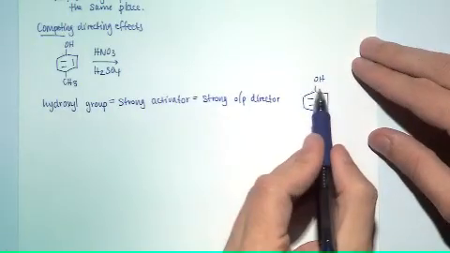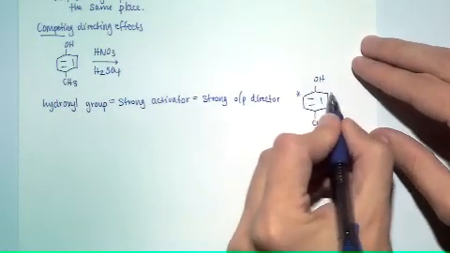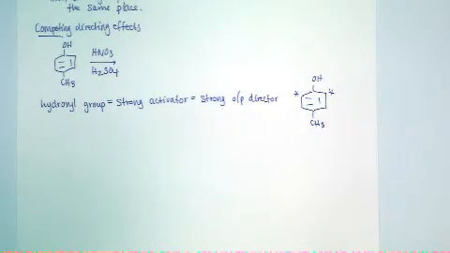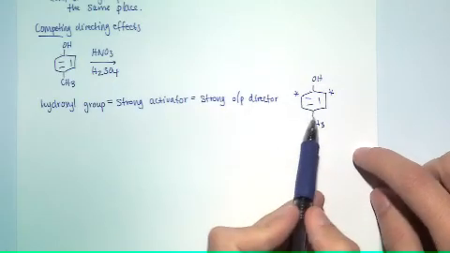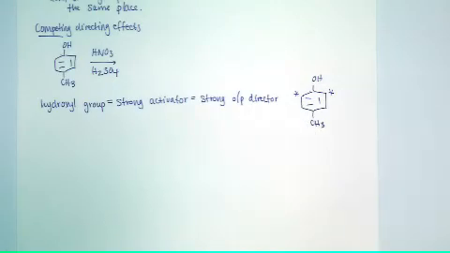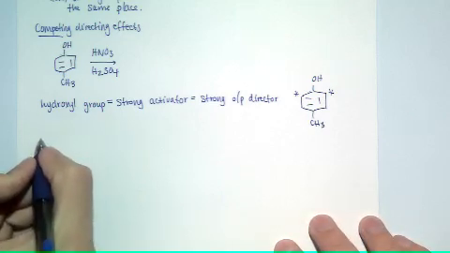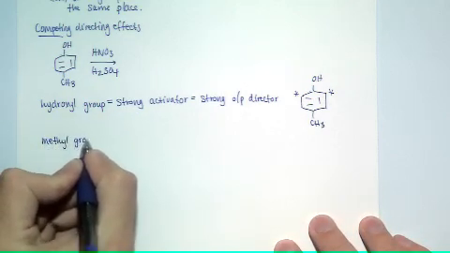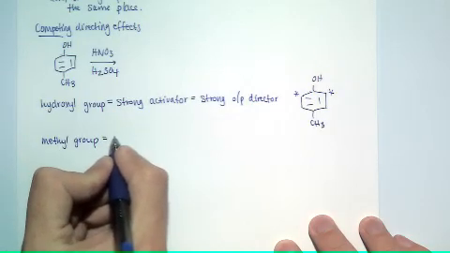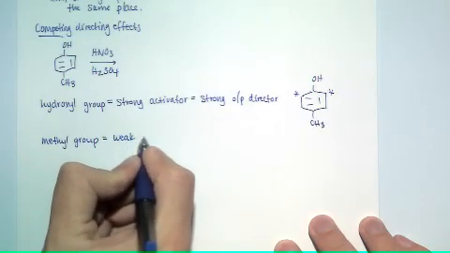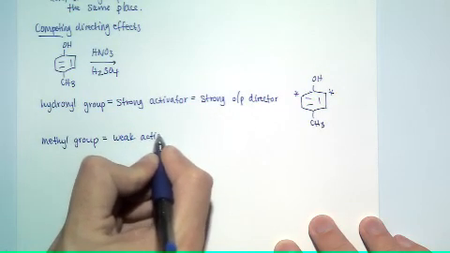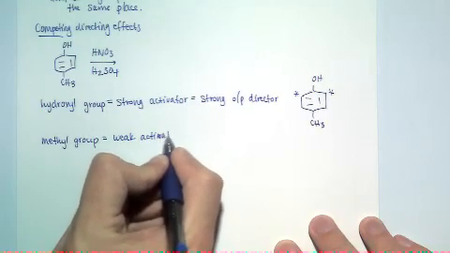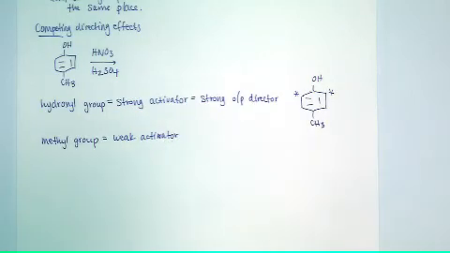So the ortho positions to the OH are there and there, and the para position is here at the bottom, but it's occupied by the methyl group. The methyl group, we said, was a weak activating group, or at least weaker than the OH.